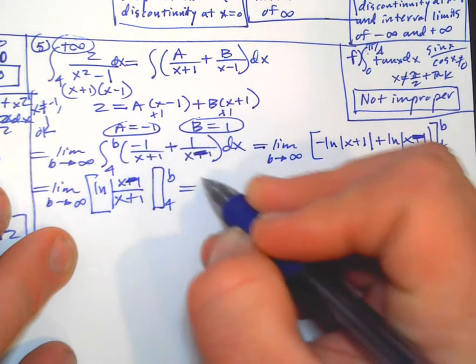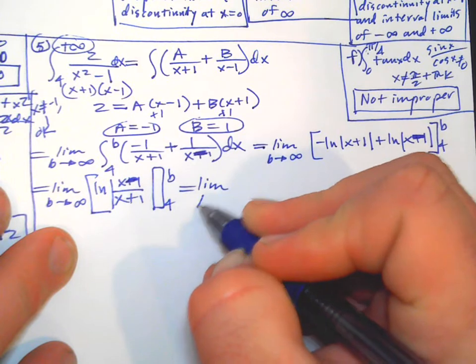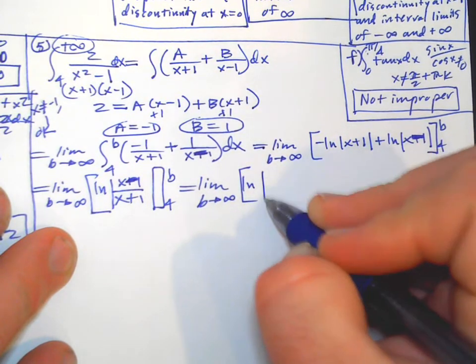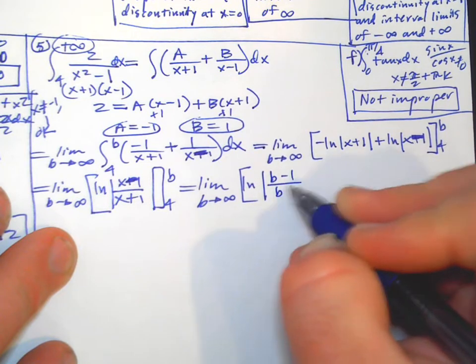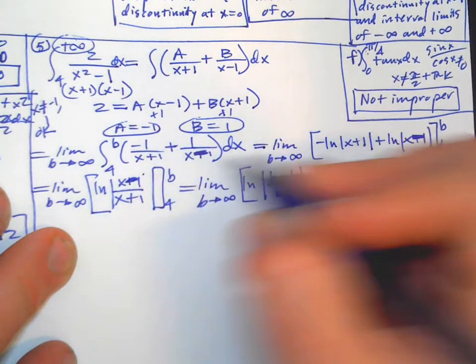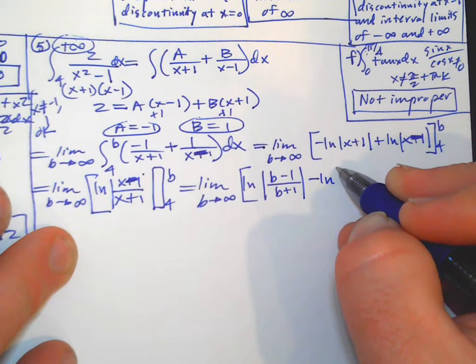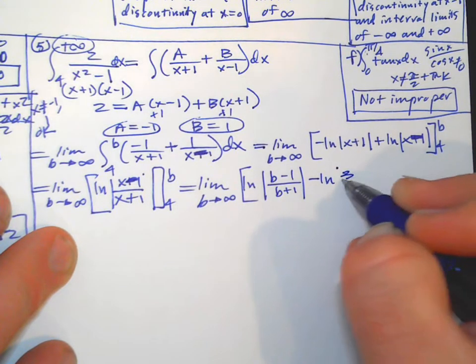So if we plug b in, we get natural log of the absolute value of b minus 1 over b plus 1, minus natural log of, plug 4 in, you're going to get 3 over 5, 3/5.